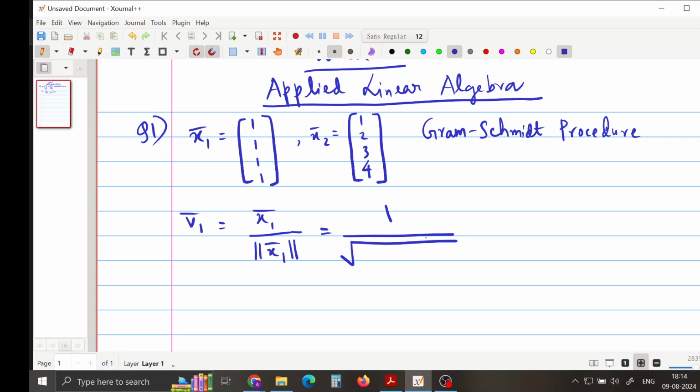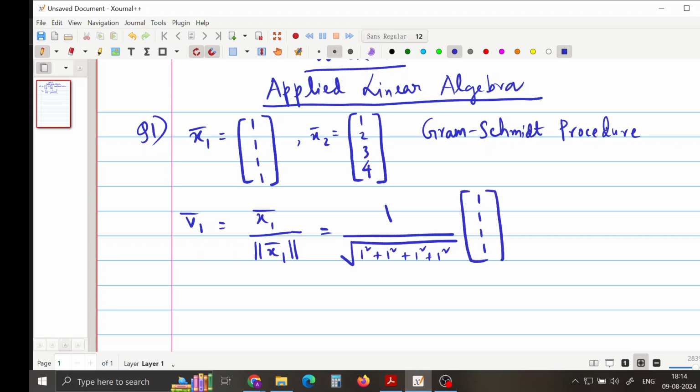You take the square root and compute the sum of the square of the elements. In this case, we have a real vector, so we need not take the magnitude square. In case of a complex vector, we will have to follow that, but it's simply the L2 norm like this.